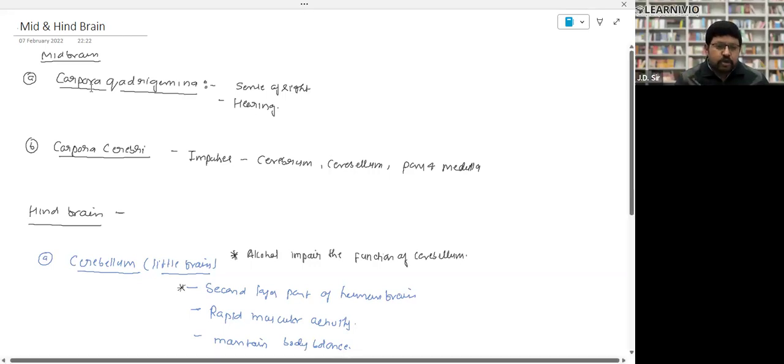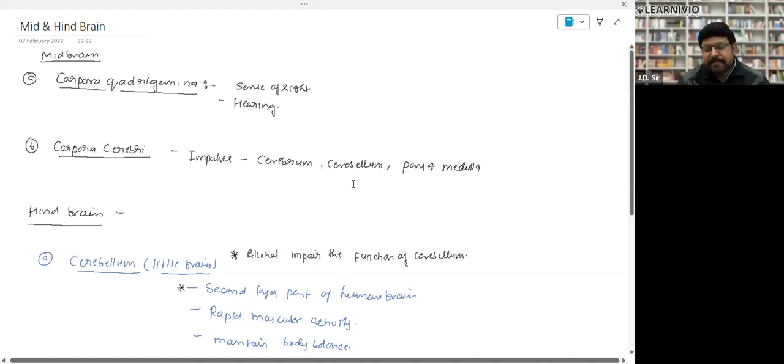Data transfer work. So corpora quadrigemina is responsible for the sense of sight and hearing, right? And corpora cerebri sends impulses. I said it works as a connecting cable, so it sends impulses or communication between the cerebellum, pons and medulla, right?